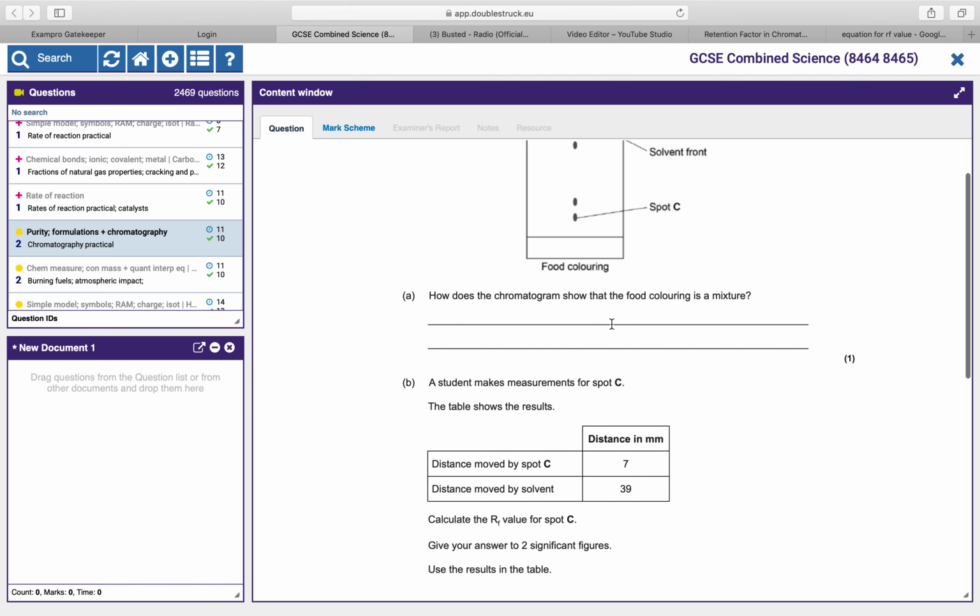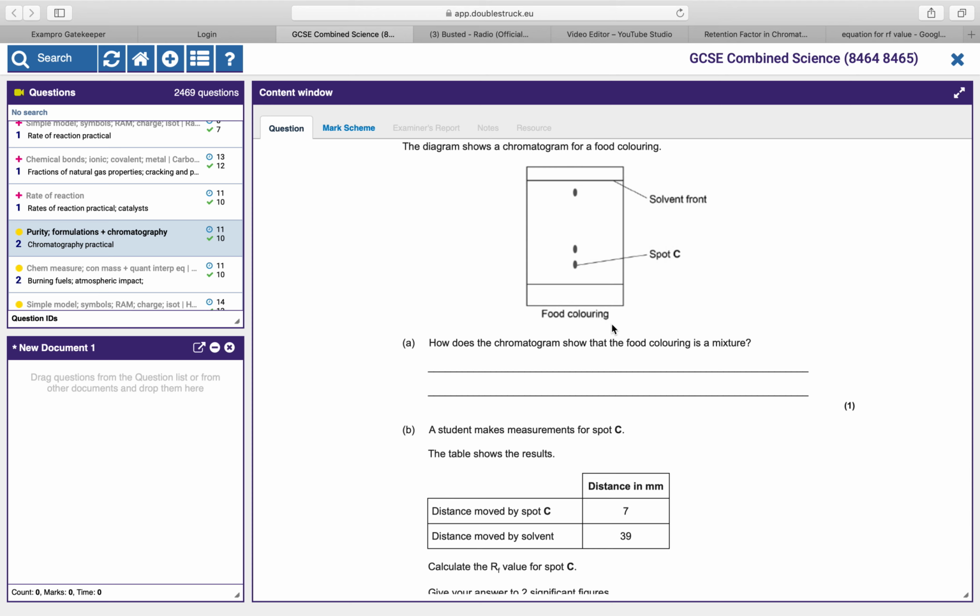Usually in questions like this, they refer to some sort of food colouring that legally or illegally shouldn't be in some kind of food, or some kind of testing, or food dye. Usually it's on that, but it's all to do with chromatography.